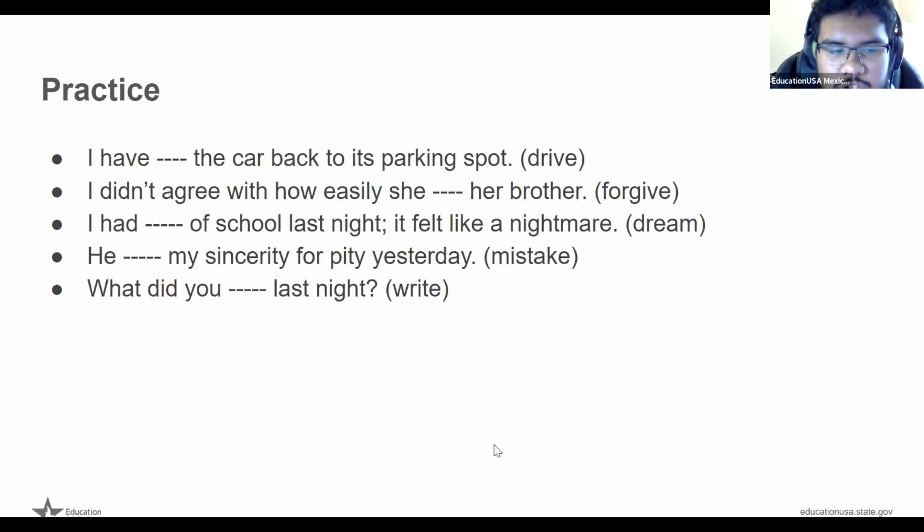So in what did you write last night, the did is already indicating past tense, so write does not change form. But if you replace did with had, you would have to change write. You could say, what had you written last night? Because that's mandating the perfect tense. But here, did is an auxiliary because of the past tense in a question.